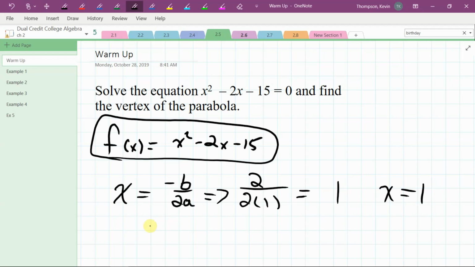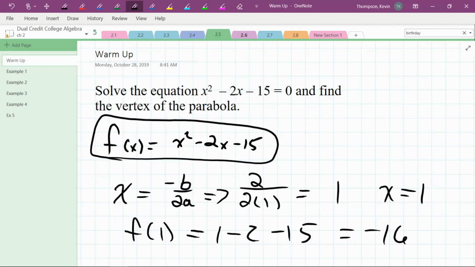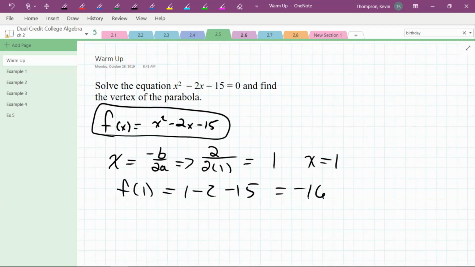If you want the y value, you could just plug that into the function. So 1 minus 17 plus 1 is minus 16. So we have a vertex then at (1, -16). We should also be able to know which way this parabola is opening, and it's definitely opening up, right?